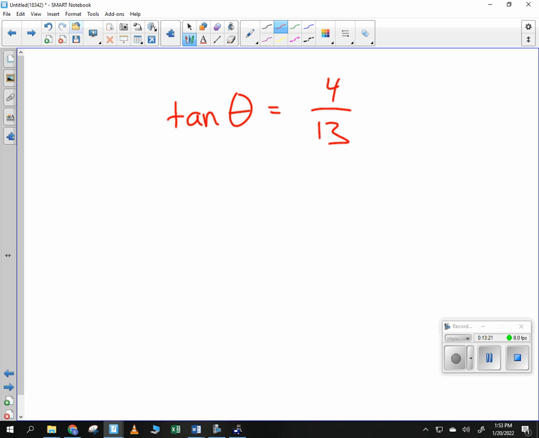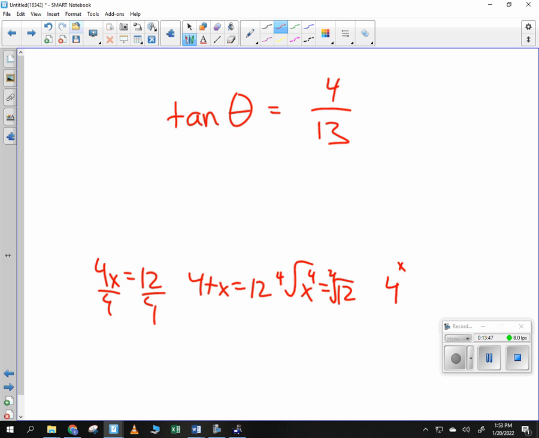If you had, say, 4 times x equal to 12, what would you do to solve? Divide by 4, because that's the inverse operation, right? If you had 4 plus x equal to 12, what would you do? Subtract 4. Suppose you had x to the 4th equal to 12. What would you do? You take the 4th root. Suppose you had 4 to the x power equal to 12.